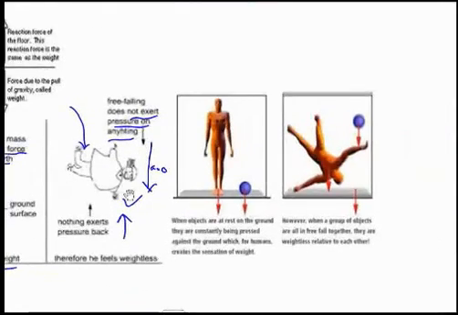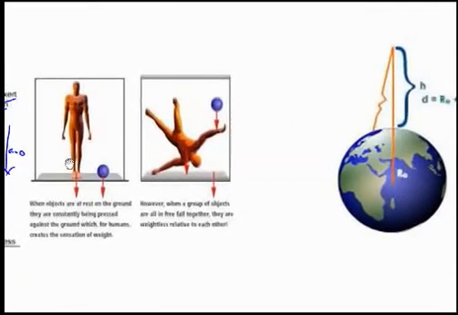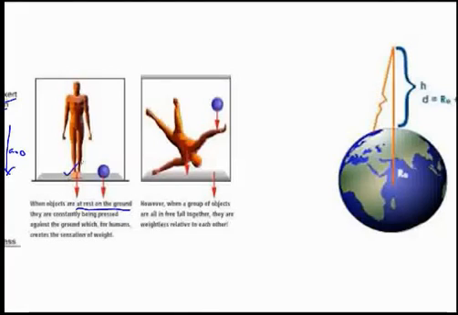So we can come to a point stating that when an object is at rest on the ground, for example if the man is at rest on the ground, they are constantly being pressed against the ground, which for humans creates the sensation of weight. However, when a group of objects are all in a free fall together, they are weightless relative to each other. Now this explains the concept of weight and weightlessness.